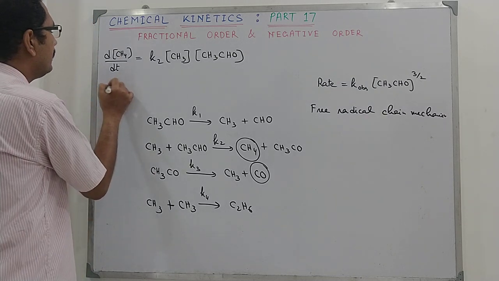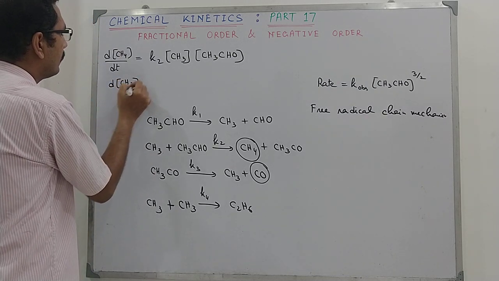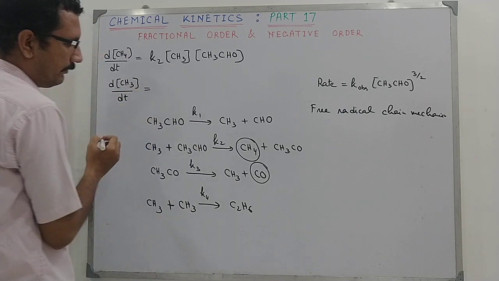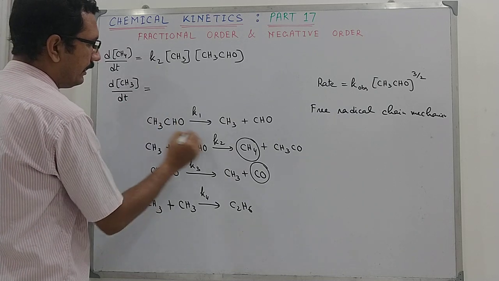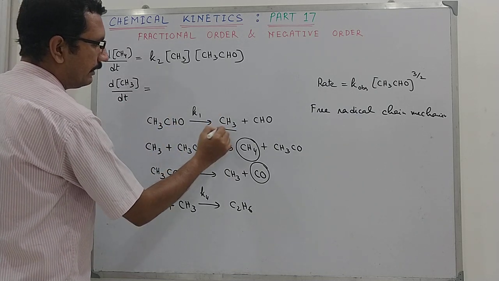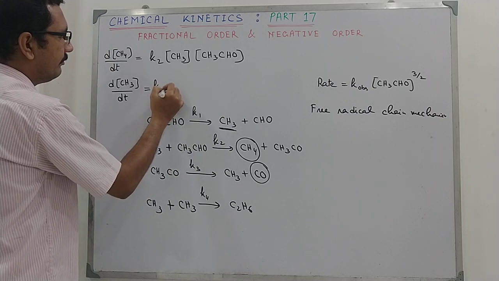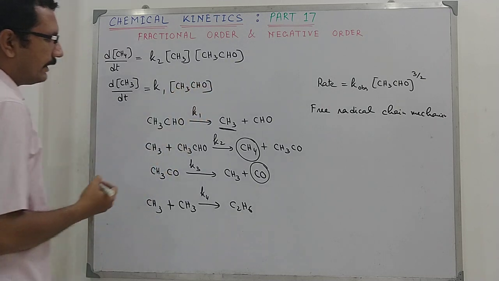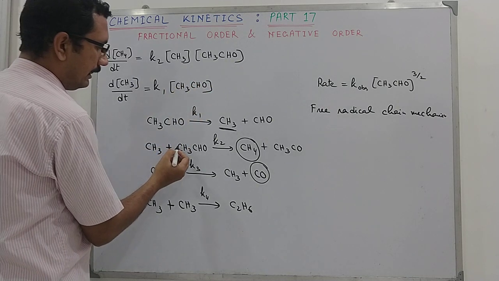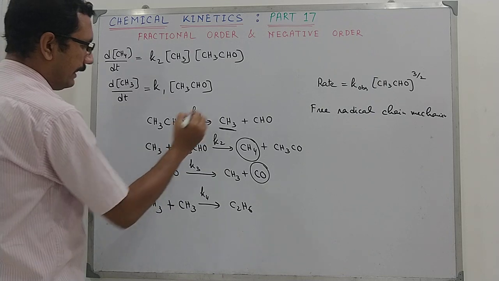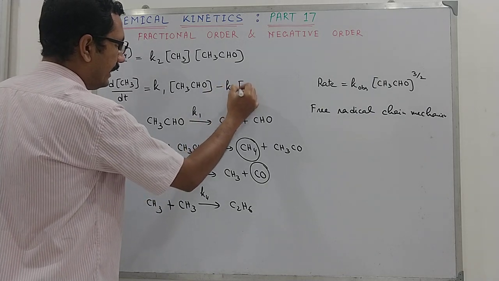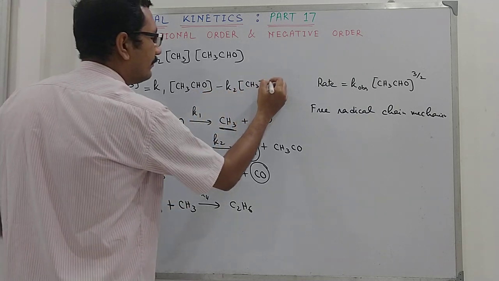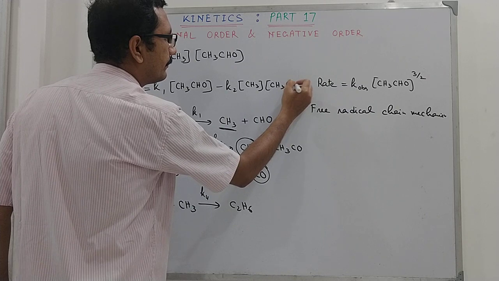So we will have d[CH3]/dt equals, in this reaction it is produced, so it will be K1 into CH3CHO. Now in this reaction it vanishes, so it will be minus K2 into CH3 into CH3CHO.